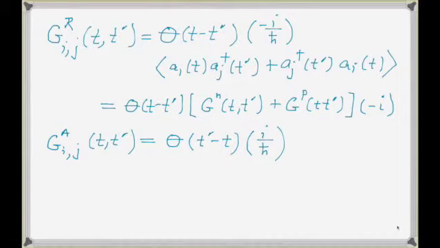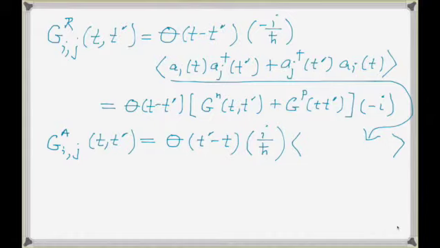But all the stuff that goes in here is the same, all this a_i, a_j dagger. So the only difference is the unit step function and the plus or minus i in that factor out front.